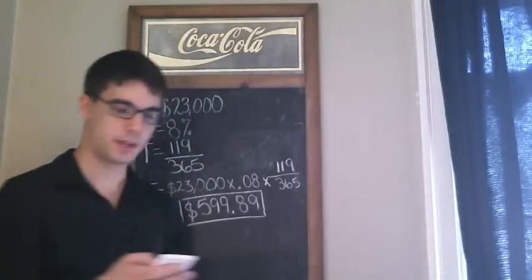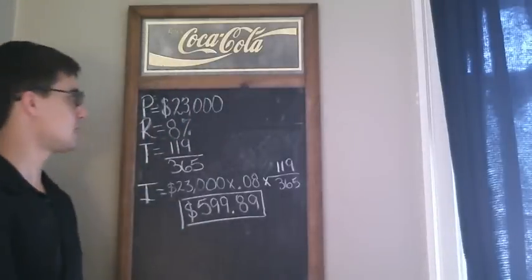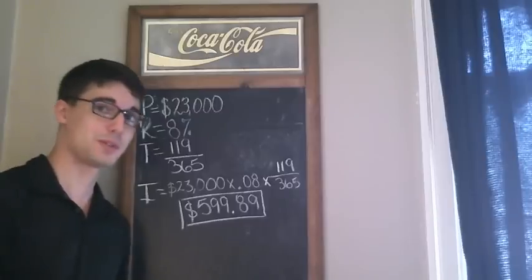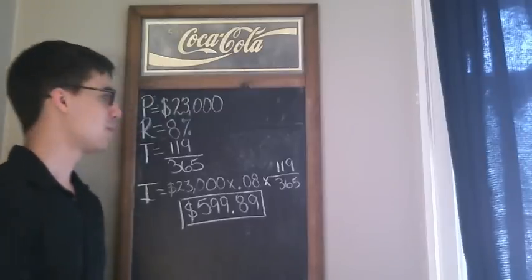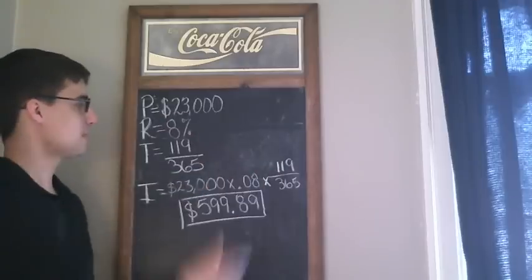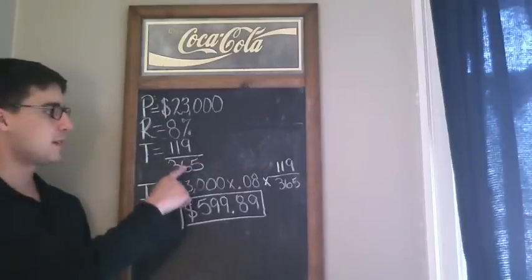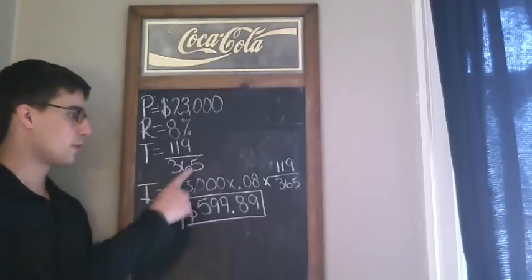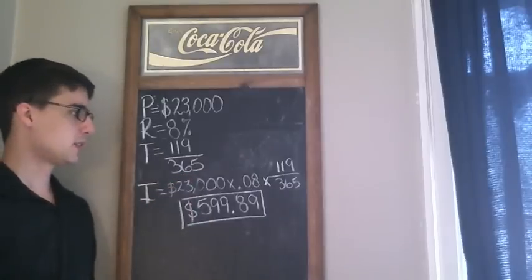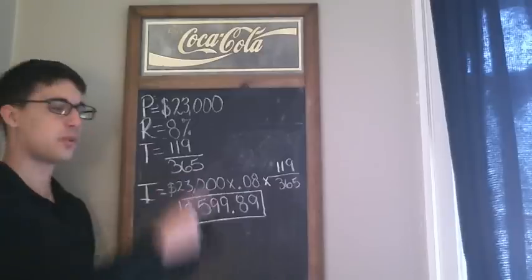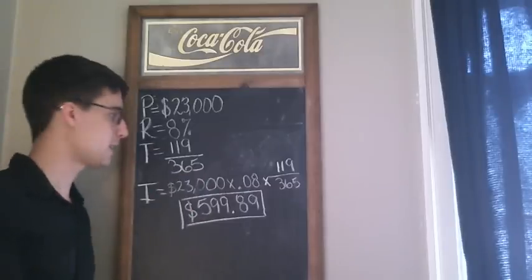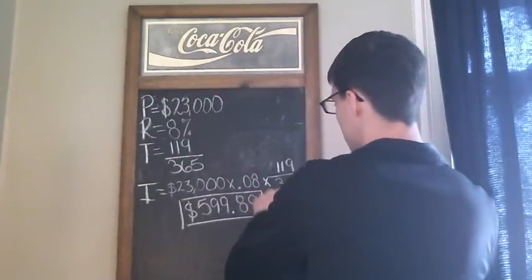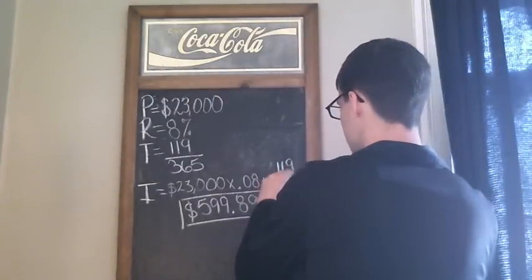Now, just for fun, let's do the same exact problem, and it'll save me a little time so I don't have to erase the board again. But instead of doing the exact interest with the 365 days, let's do the ordinary interest with 360 days. So we'll just change that to 360.